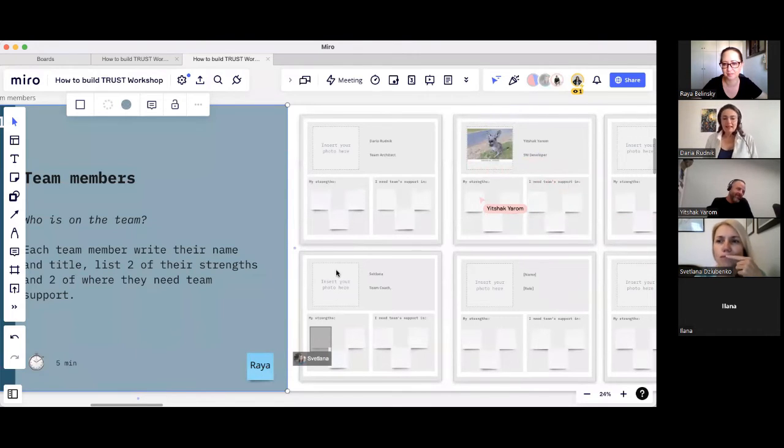Miro board. And while you're typing that, there are two blocks, which is strengths, and I need my team supporting. And that is also an indicator of trust. When you go to your teams and start using this tool, you'll probably notice that people are quite okay writing their strengths, but it might be hard for them to express where they need support.